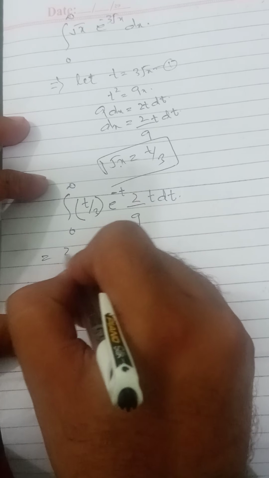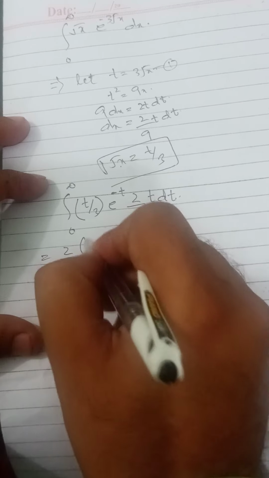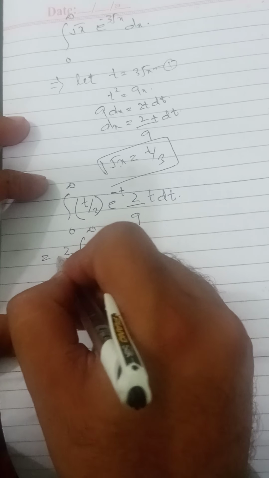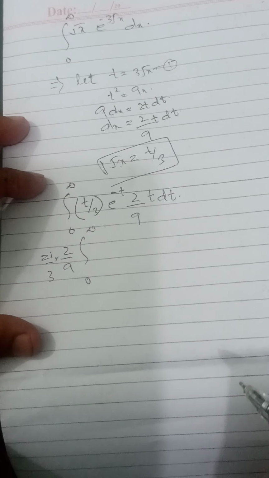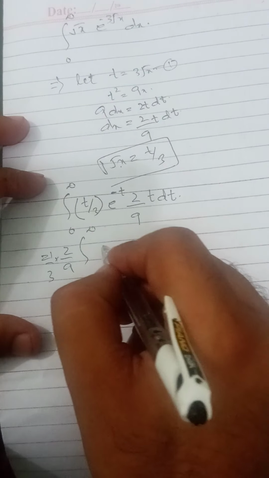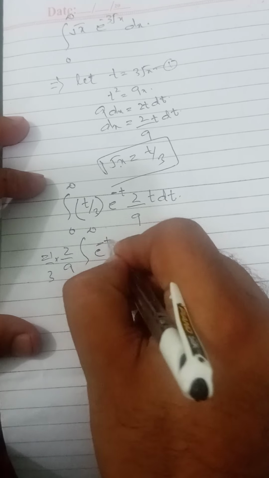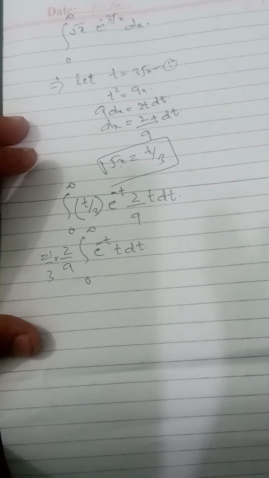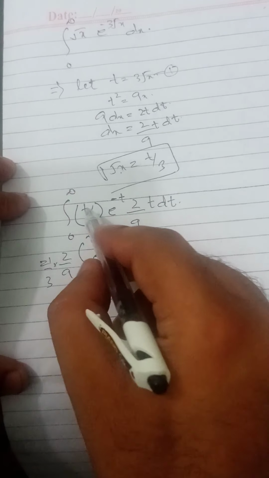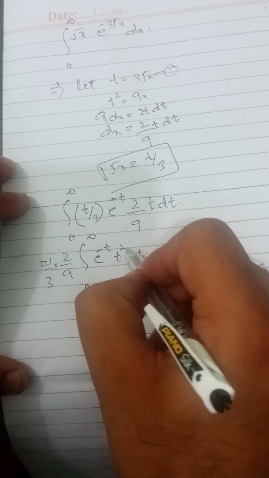By simplifying, 2 by 9 times 1 over 3, the integral from 0 to infinity of e to the power minus t dt, and t multiplied with this t is t squared.